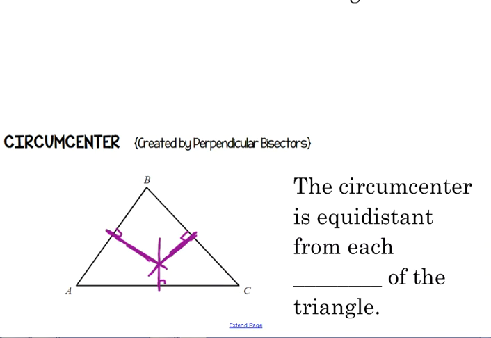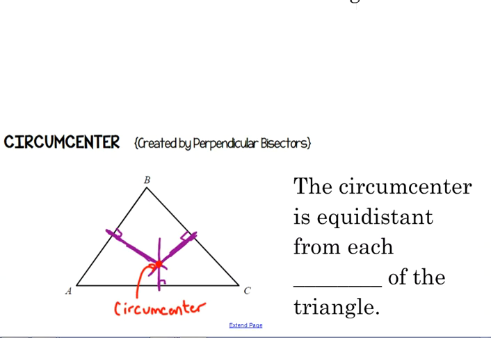So your circumcenter on this triangle, if my pictures are accurate here, should be a little bit closer to the bottom. So that's the circumcenter. The circumcenter is supposed to be equidistant from each, anybody got a guess? Vertex.